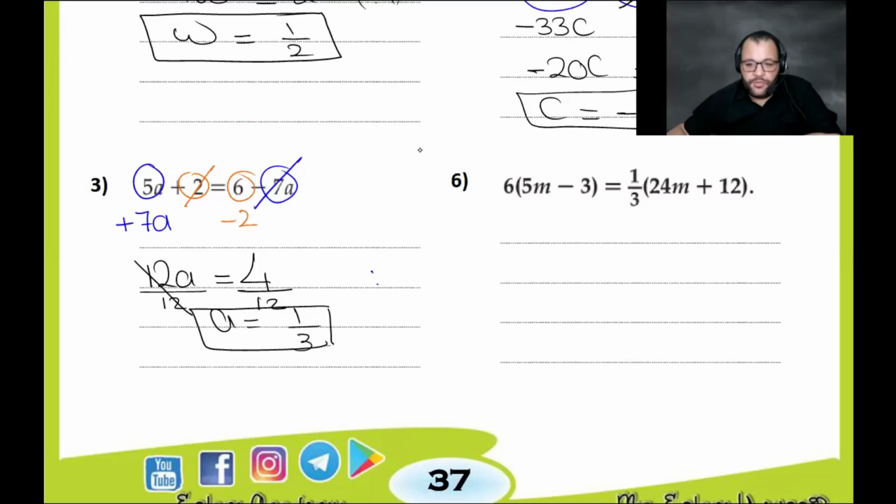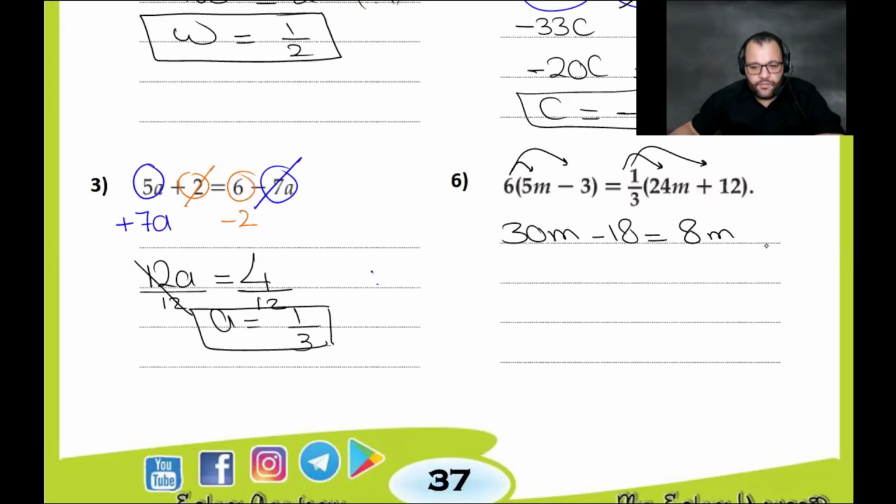Number 6, how do we solve it? First, because we have a bracket, we need to distribute. Remove the bracket, use the distributive property. So 30m minus 18, plus 8m plus 4 equals 8m plus 4.